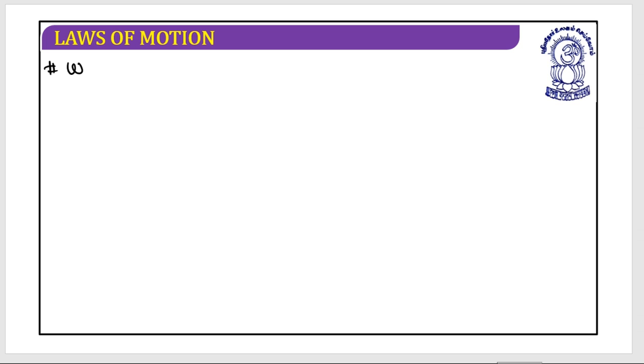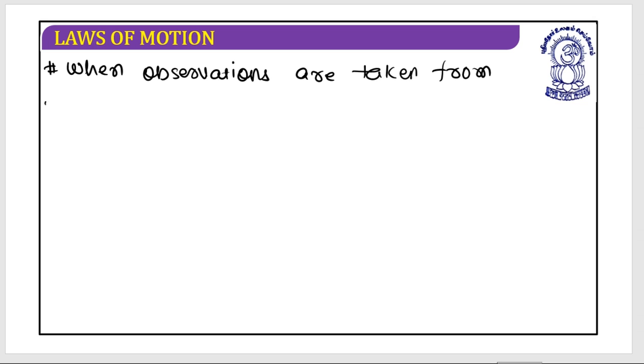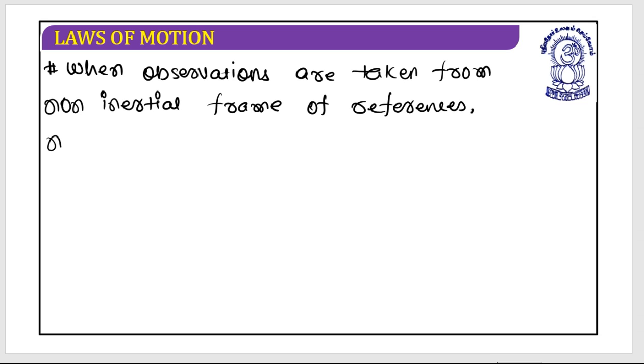So what we need to understand is that when observations are taken from a non-inertial frame of reference, Newton's law cannot be applied directly.